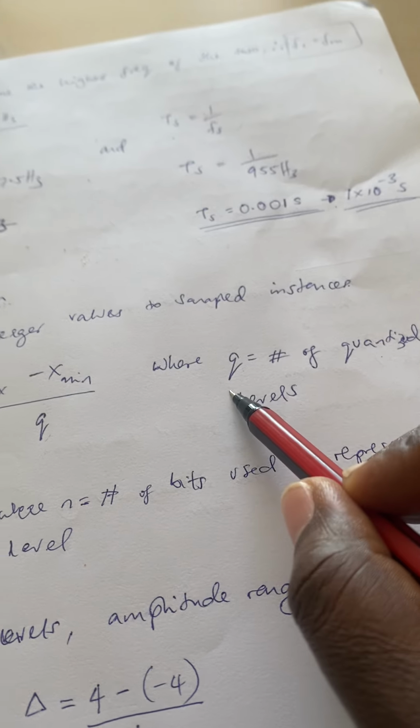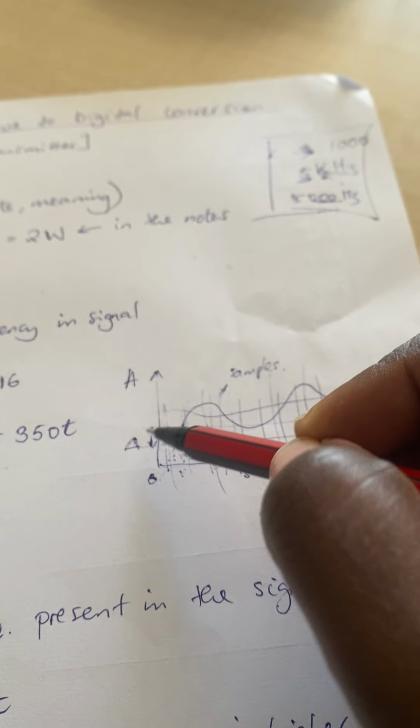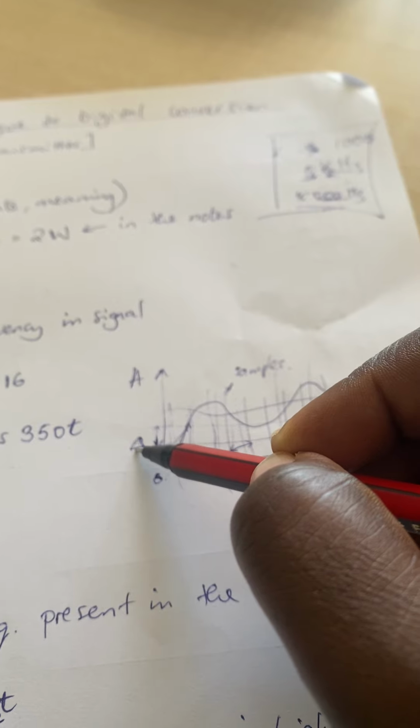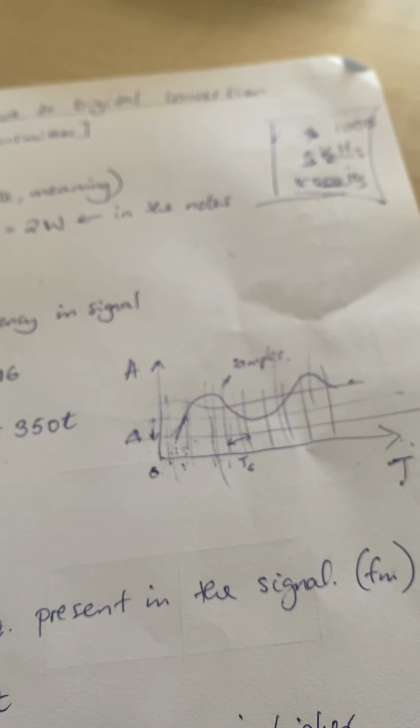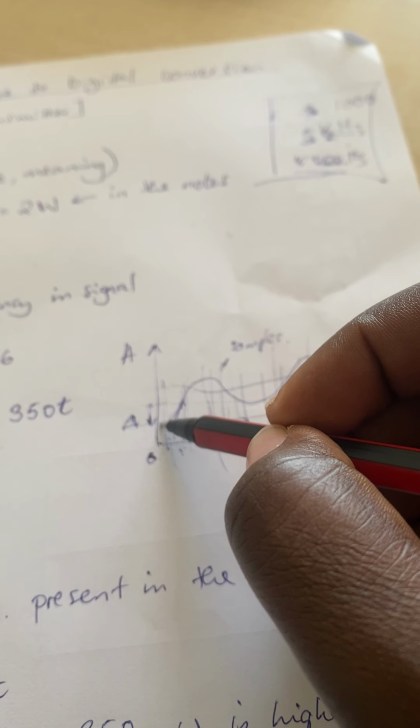Q is the number of these horizontal lines, and then this delta is known as the step size, the space between the quantization levels.